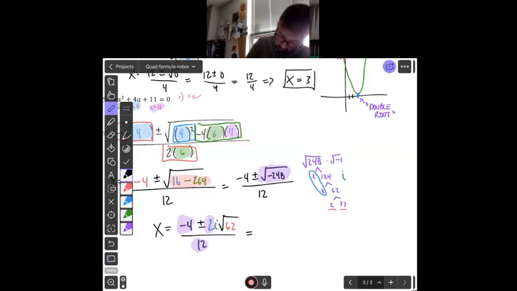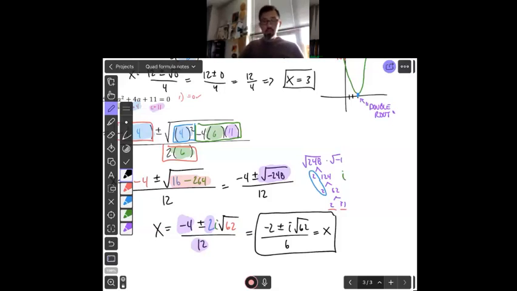So negative 4 divided by 2 is negative 2. 2i divided by 2 would just be 1i, so just an i. Square root of 62 didn't change. And then 12 divided by 2 is 6. So there would be my 2 answers here: negative 2 plus i radical 62, and negative 2 minus i radical 62, all divided by 6.